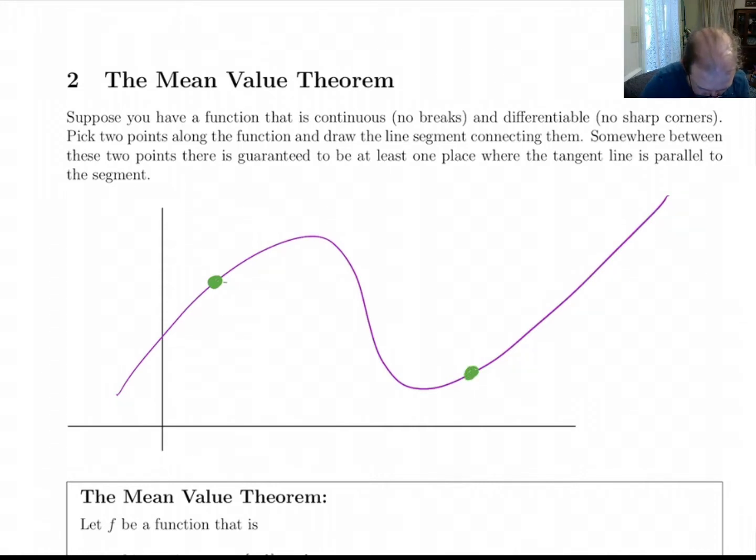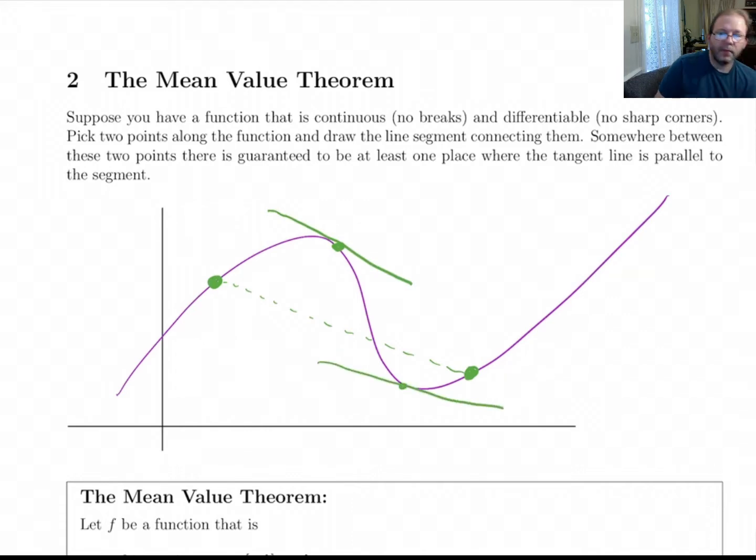If you draw a dotted line between them, then somewhere in between those 2 points, you can find somewhere where the tangent is parallel. I'm just eyeballing that there, but that's what the mean value theorem says. Somewhere in between, you can find a tangent that's parallel.